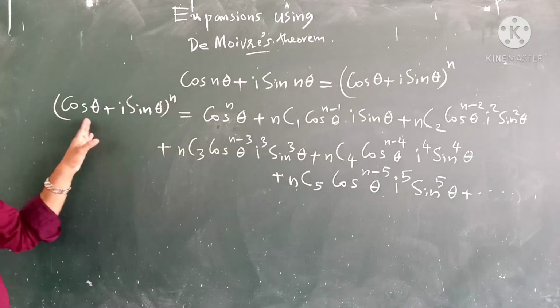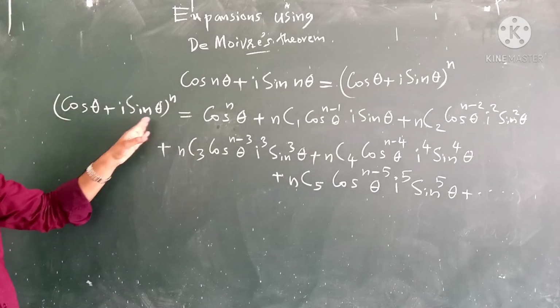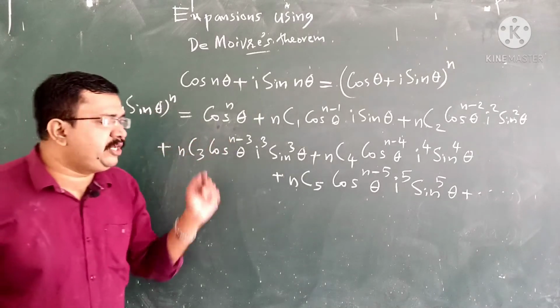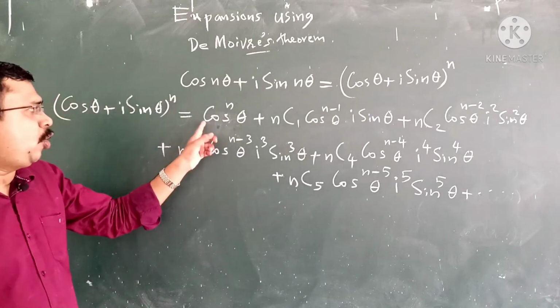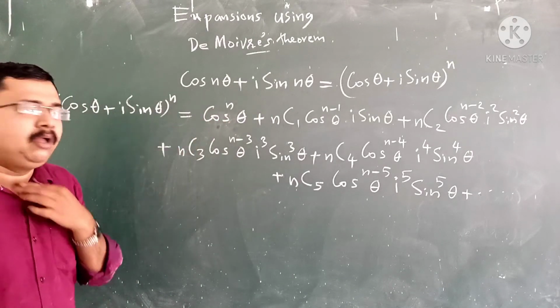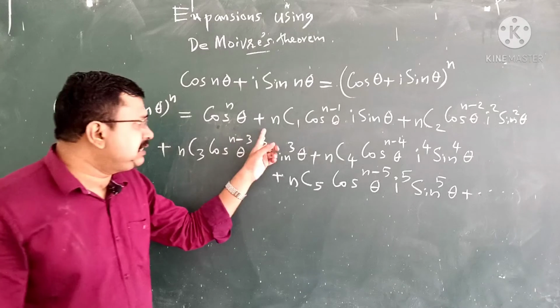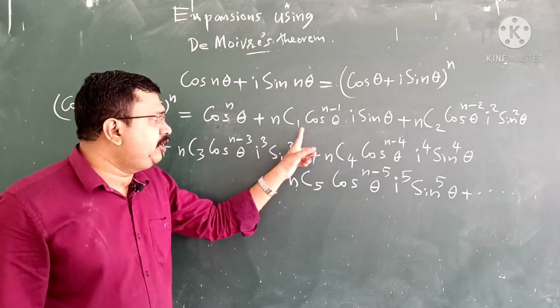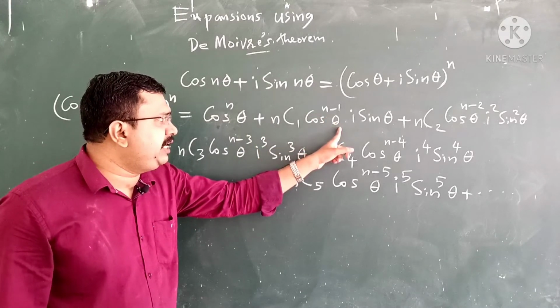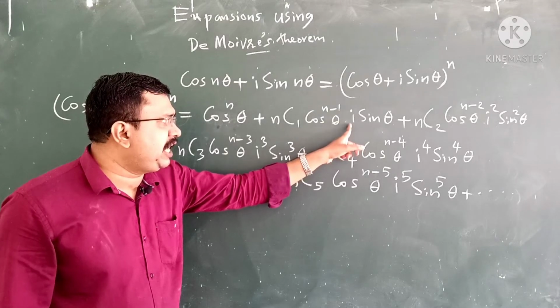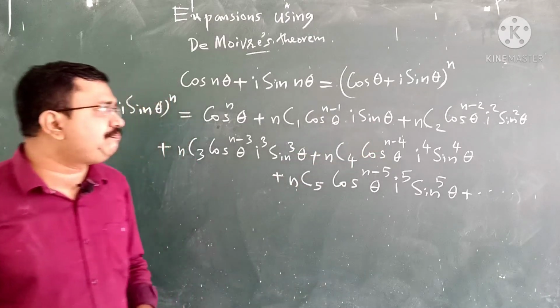Therefore cos theta plus I sin theta the whole raised to n equal to cos raised to n theta plus nC1 into cos raised to n minus 1 theta into I sin theta.